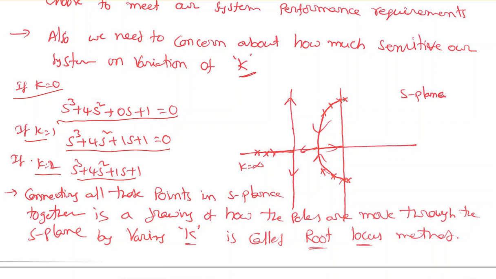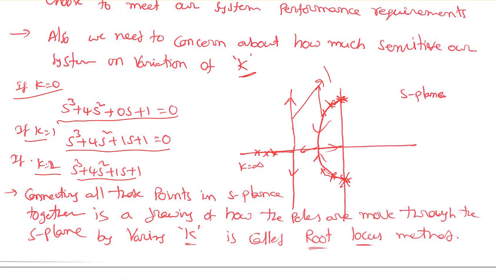For each k value, since it's s cubed, you're going to have 3 poles. So these are the pole locations. Whenever you have a pole there, most probably you're going to end up with another pole there, a pole here, another pole here. How the pole location is changing by changing the k value, that's what we can find out by using root locus.